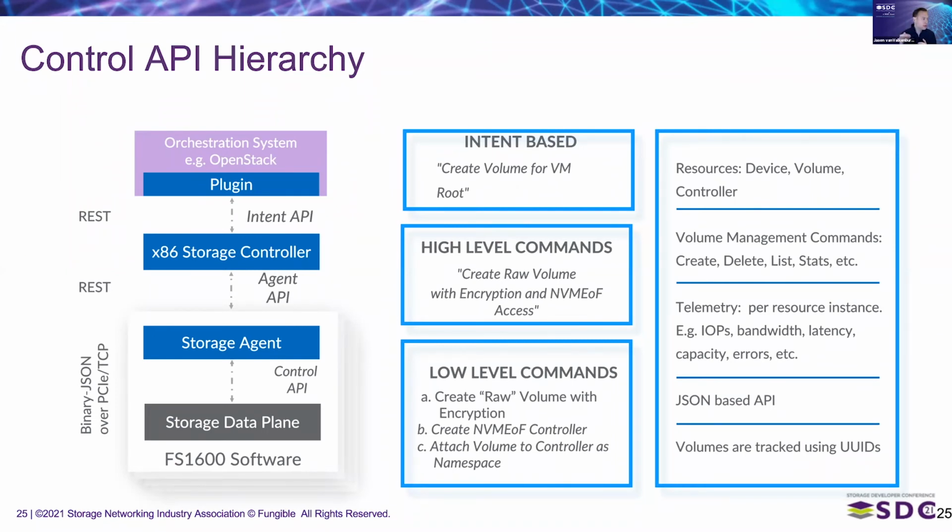This layering of the APIs is essential to providing both coarse-grained and fine-grained capabilities depending upon your particular use case. But really, this is about moving to an intent-based API approach. The key thing for us is having all of these things layered and controlled so that we can continue to innovate at each layer independently from each other.